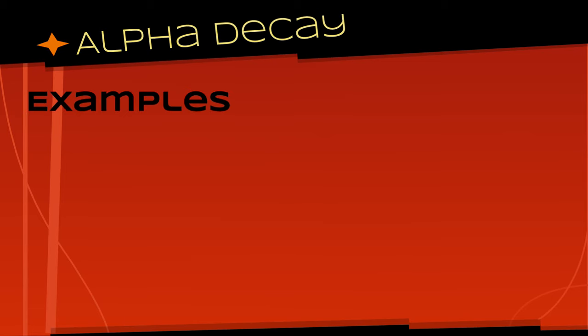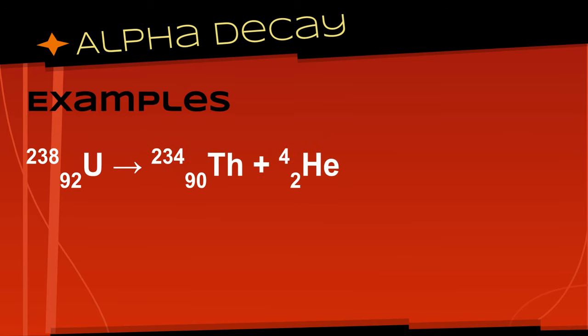An example of alpha decay, we see right up here 238, which is our mass number for uranium. The atomic number right here is 92. Okay. So what's going to happen if uranium undergoes alpha decay is it's going to turn into thorium, which has got an atomic number of 90, because we went from 92 protons to 90 protons, because that's what happens in alpha decay.